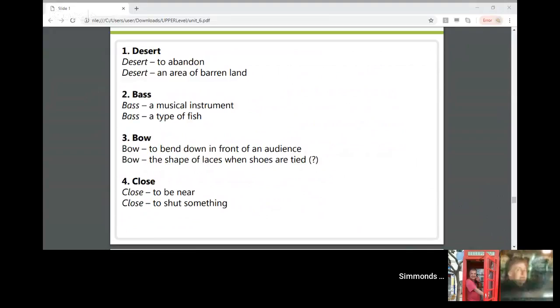Tumbleweed is like a piece of bush with only sticks that rolls around in the desert. No, but a sandstorm, yeah, sandstorm. Is that what you were looking for? Yes. Okay, all right, good.